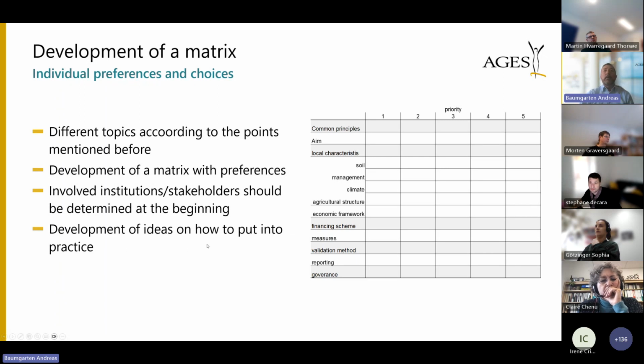So probably there also has to be the development of ideas on how to put it into practice, and you can orient yourself on best practice examples that have been or will be listed, probably, in the report of our project, but also in the publications that we have. Okay, so this was a short outline of our suggestions for the roadmap.